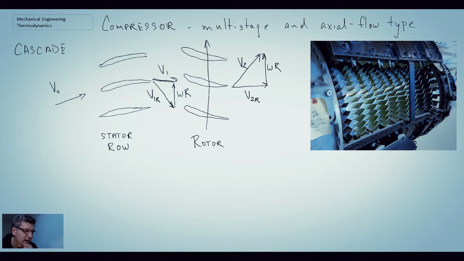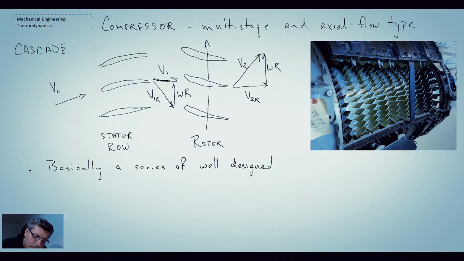Now, typically, what the compressor consists of is basically a series of well-designed diffusers, because what we are trying to achieve is a pressure rise across each of these stages.